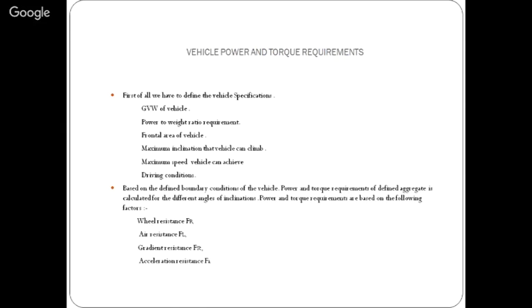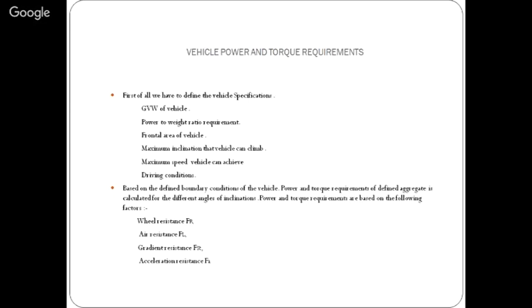So these are the basic factors on which the vehicle power requirement is calculated. First is wheel resistance. Second is air resistance. Third is gradient resistance. And the fourth is acceleration resistance. I will elaborate on these resistances in the further slides. So these are basically the parameters required to give power to the vehicle.